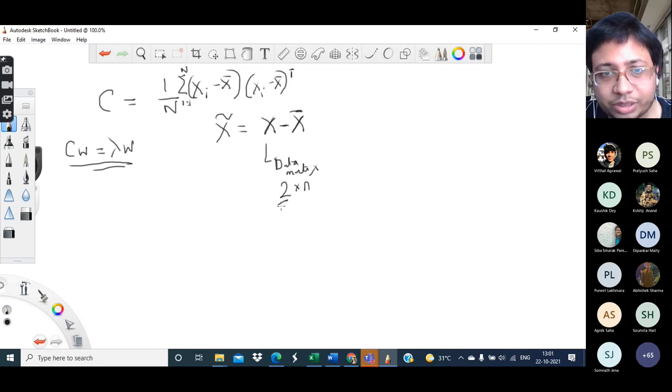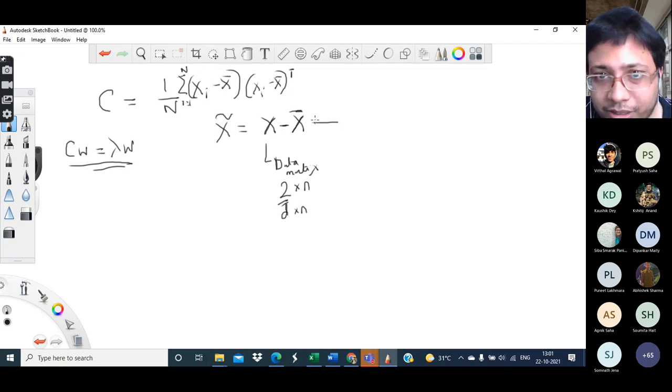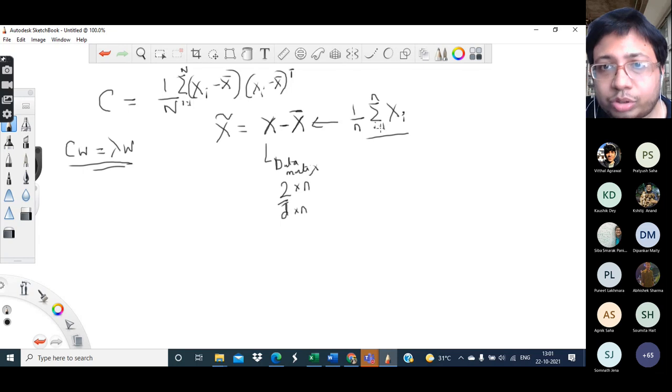In this case 2 is the number of attributes, so I can generalize it to d cross n. And what is x bar? X bar is the mean vector, that is, x bar is nothing but the average of the xi.